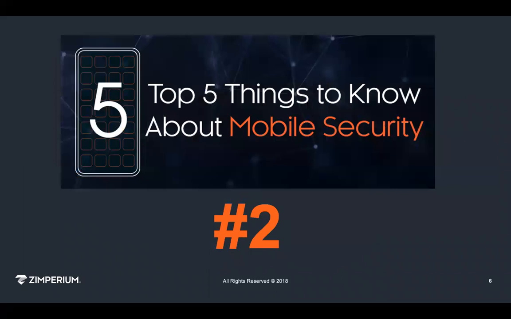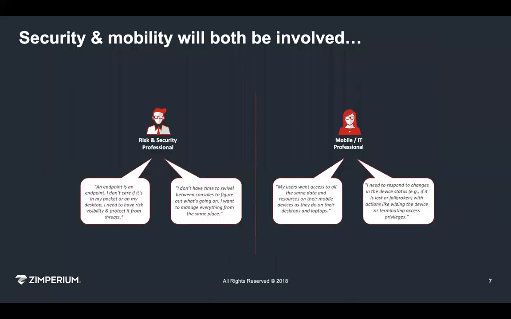Number two, related to that point that we just made, we said mobile and security are relatively new categories, brand new category. There are two different groups that are directly involved with this. Now, that's happened on traditional endpoints as well, but it's becoming very pronounced here.